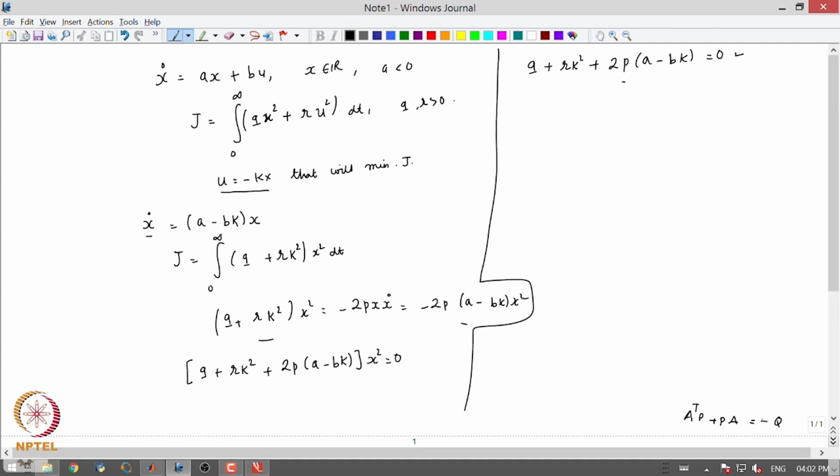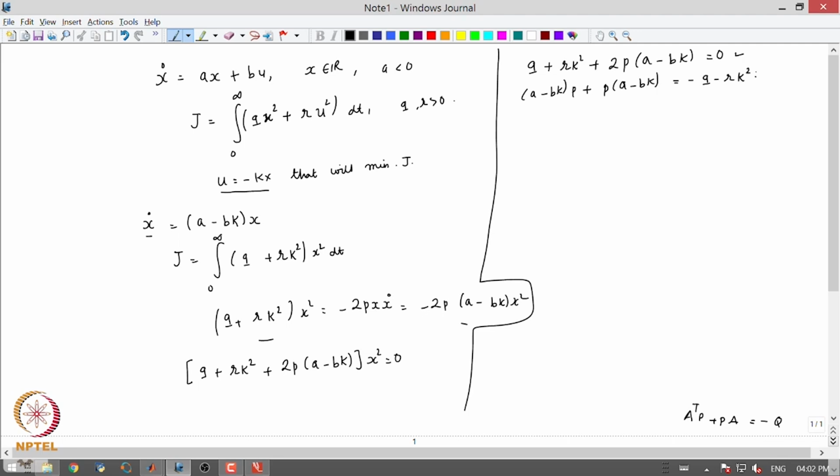Okay. So the equivalent of that here in this optimality case would be something like this, and in the scalar case I can just write it as: A minus bk times p plus p times A minus bk is minus q minus r k square.